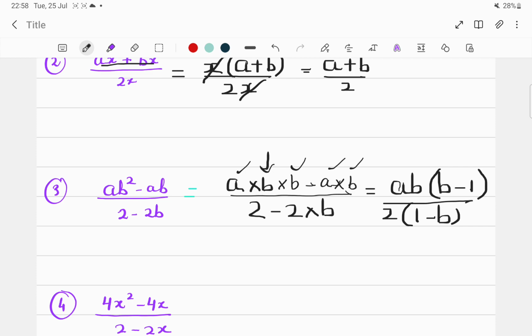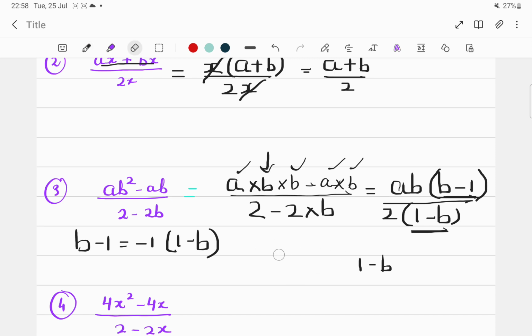Now here is a very important point. As we see, in ab and 2 there is nothing common, and here I have b minus 1 and here it is 1 minus b. Always remember, here only the sign is different but the terms are the same, b and 1. In the numerator we have b minus 1 and in the denominator 1 minus b. I can take minus 1 common from b minus 1 and change the signs.